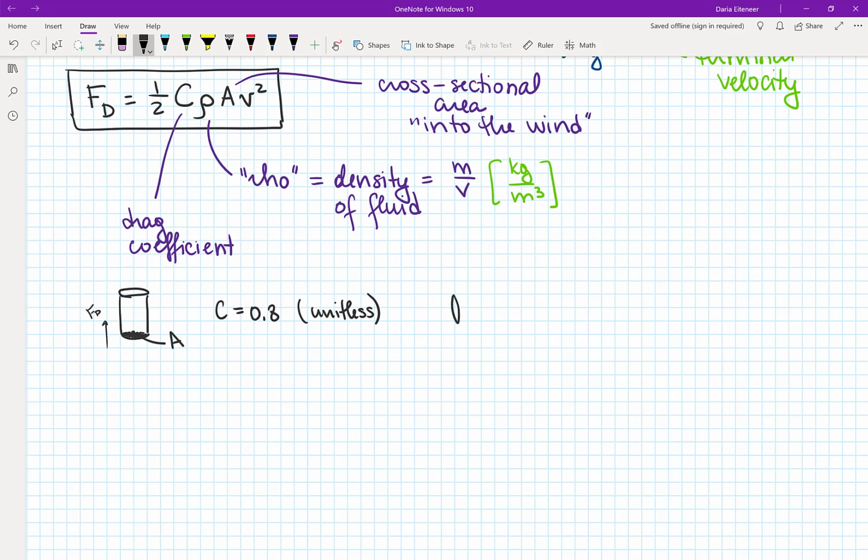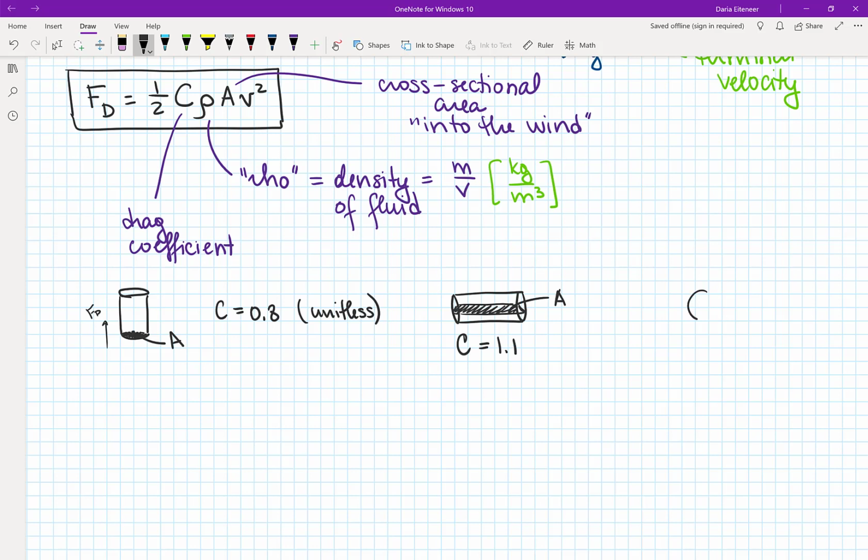If a person was falling flat on their back, like this, the area that would be facing into the wind would be this rectangle. So imagine taking a cylinder and slicing it horizontally in half. So this would be A, and in this case, C would be 1.1.